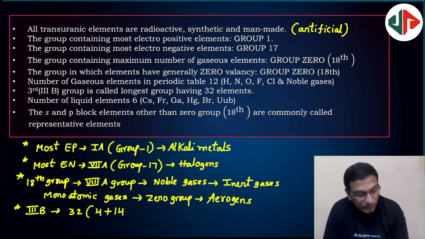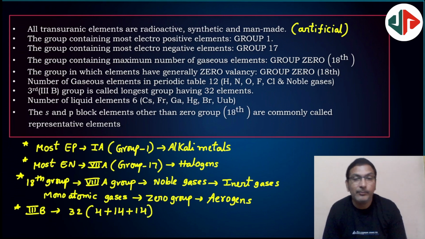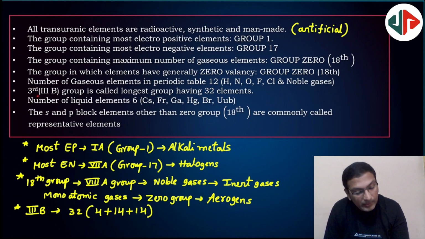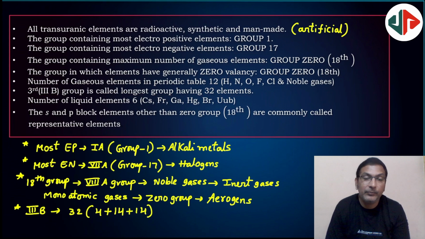Next, 14 lanthanoids and 14 actinides. Total 32. Longest group is third B: 4 normal elements, 14 lanthanoids, 14 actinoids. Lanthanoids and actinoids are present in third B group only. Therefore, longest group.